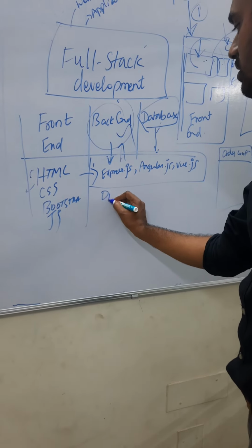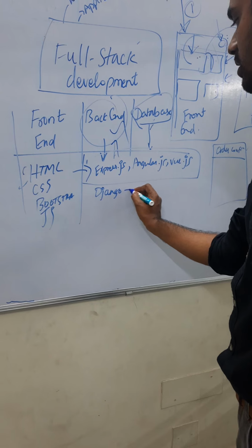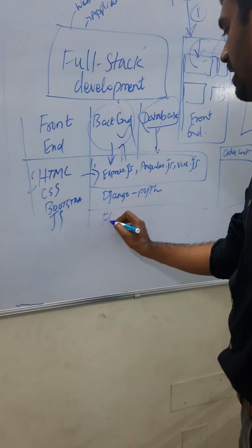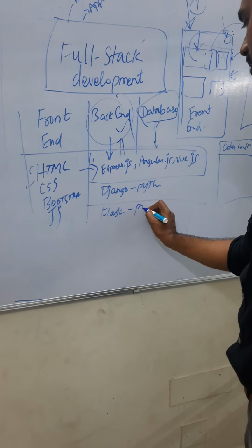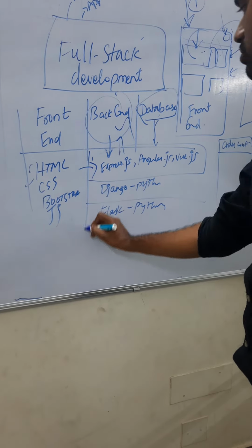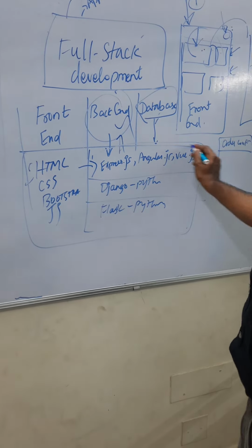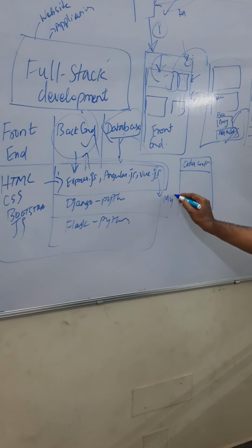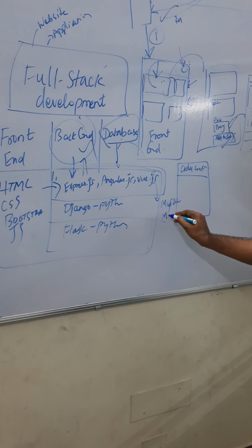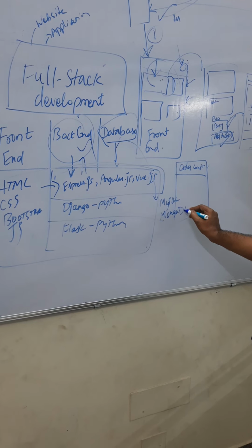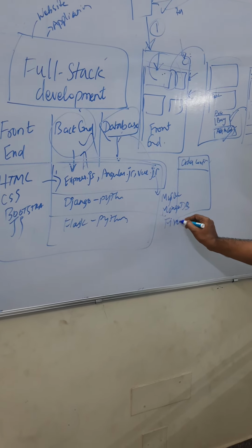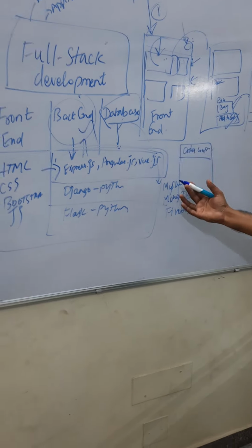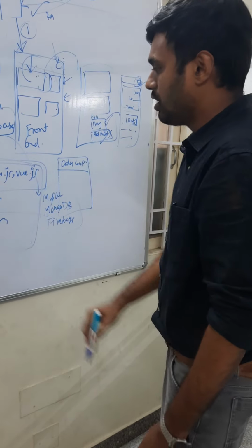Then you can go with Django framework, which is Python. There are another server like Flask, which is again Python. So there are a lot of backend tools available. And in database, you can see MySQL is most famous, MongoDB, Firebase. So these are some of the backend tools and databases you can learn.